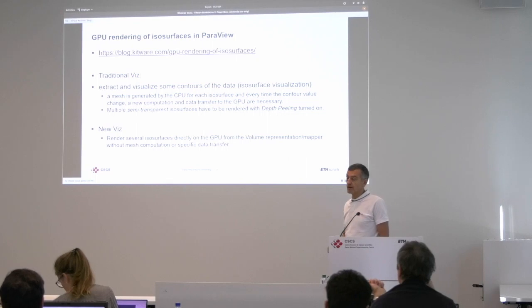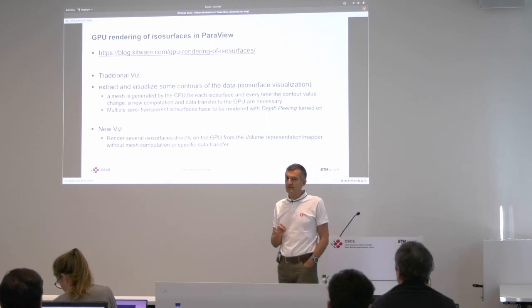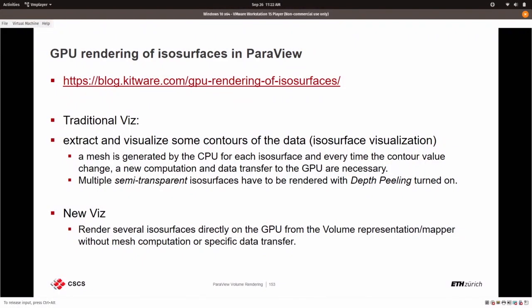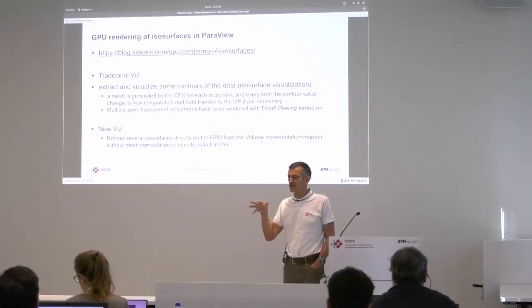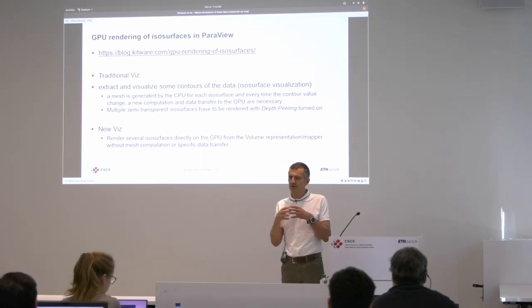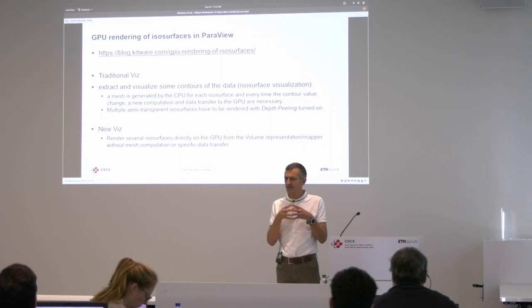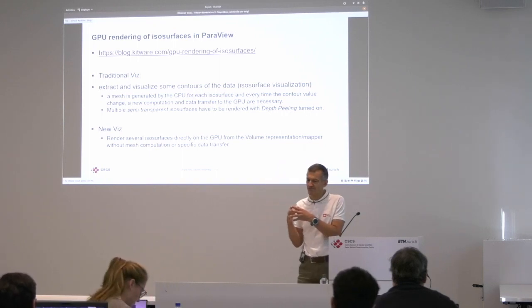We can also do volume rendering of isosurfaces in ParaView. There was a nice blog article introducing this feature, I think already a couple of years ago. Now, traditionally, when you want to visualize isosurfaces, you generate a polygonal mesh model representing the surface points where that threshold is met, which means you have to create a geometry and then send that geometry to the GPU.